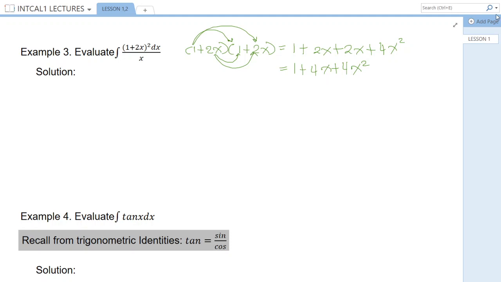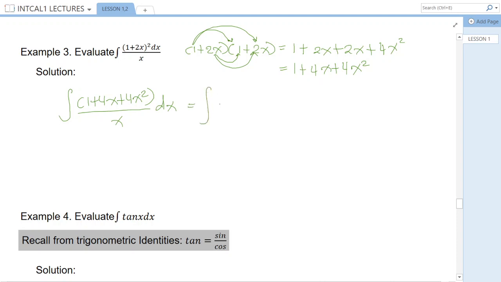Rewriting the equation, that is equivalent to the integral of 1 plus 4x plus 4x squared over x dx. So let us distribute x now. That is the integral of dx over x plus the integral of 4x over x dx plus the integral of 4x squared over x dx.